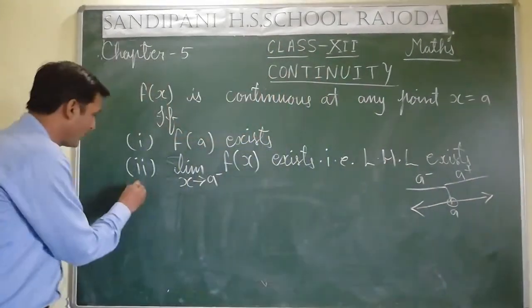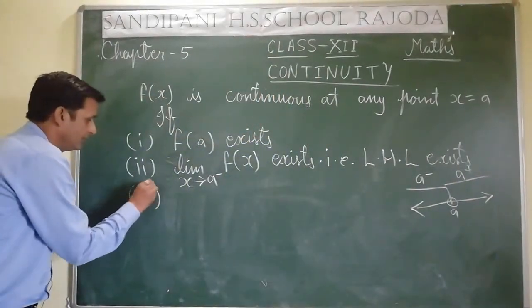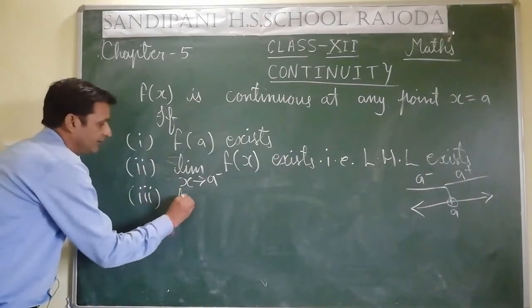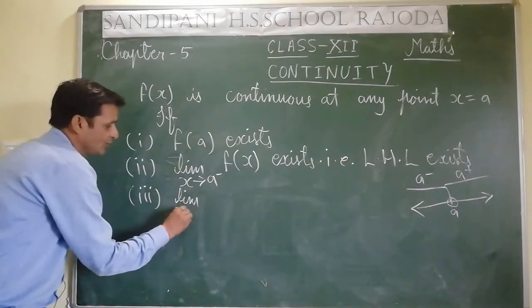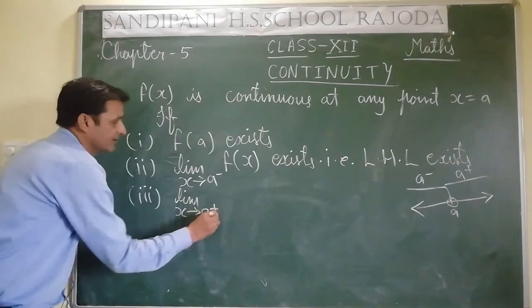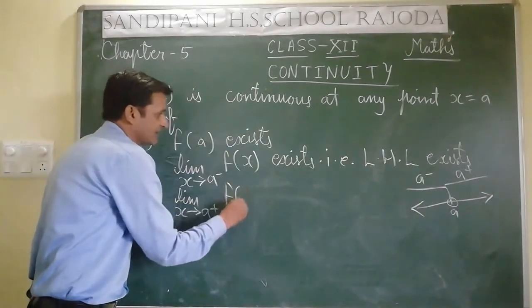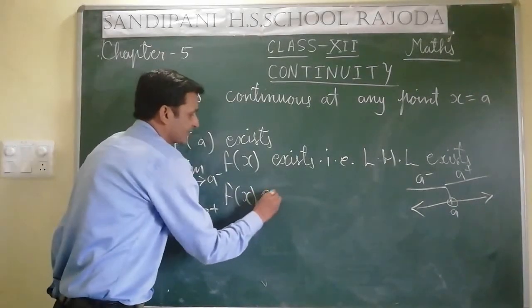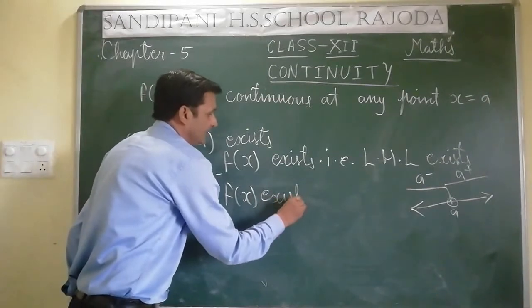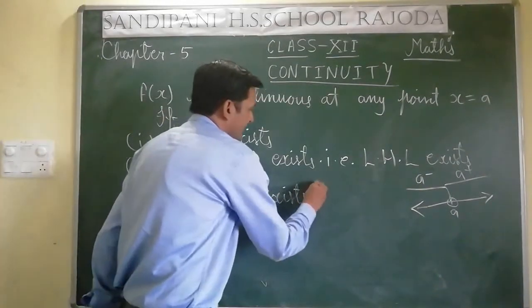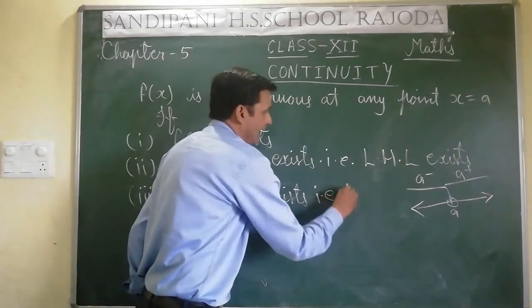Now third point, limit x tends to a plus f of x exists, that is RHL exists.